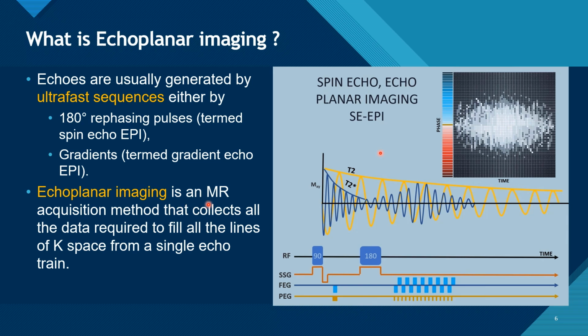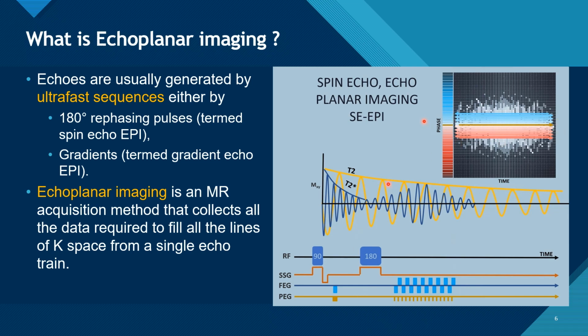What this does is that when we use echoplanar imaging, in addition to this ultra-fast sequence, it means that we acquire all the data needed and we fill the k-space within only a single echo train. So when we keep taking the signal from the ultra-fast sequence, we can also use echoplanar imaging to rapidly fill the k-space within the TE acquired.